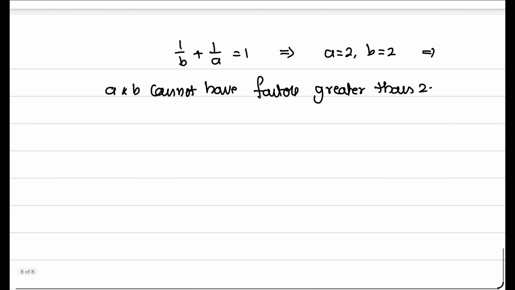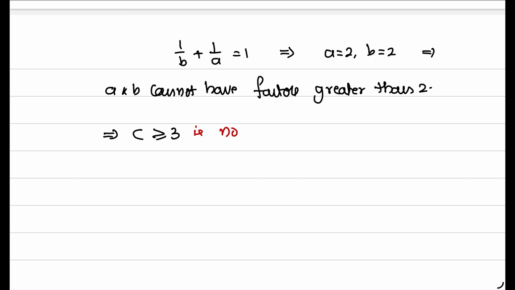Hence, C greater than or equal to 3 is not possible.